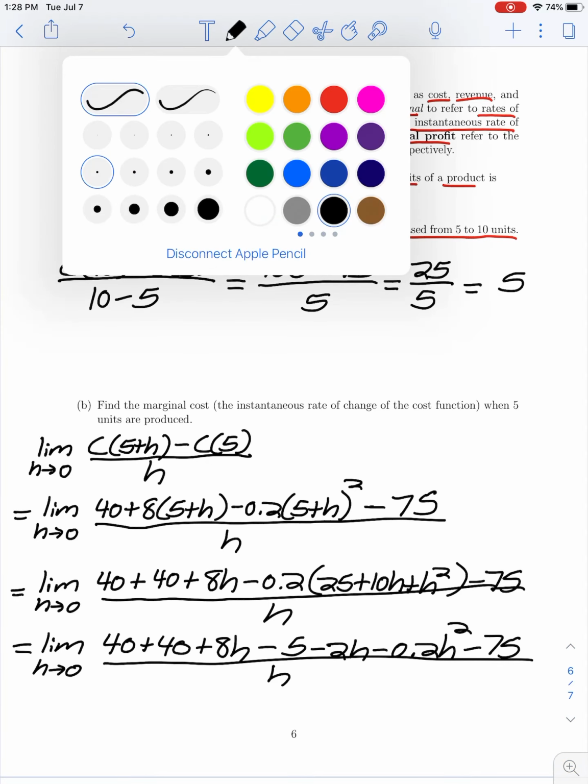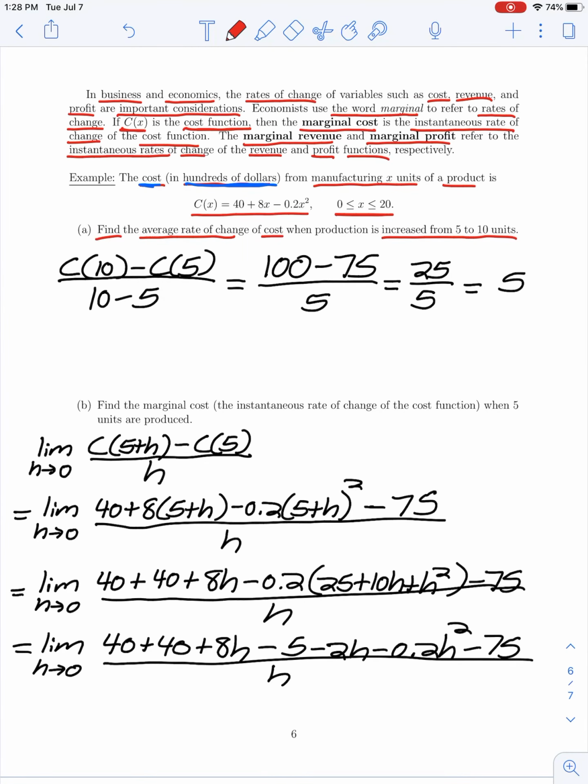Let's see what we can simplify in our numerator. We have 40 plus 40 is 80, minus 5 would leave us with 75, and then on the end we're subtracting 75. So all of our constant terms will cancel here, and then we're left with, in the numerator, 8h minus 2h.